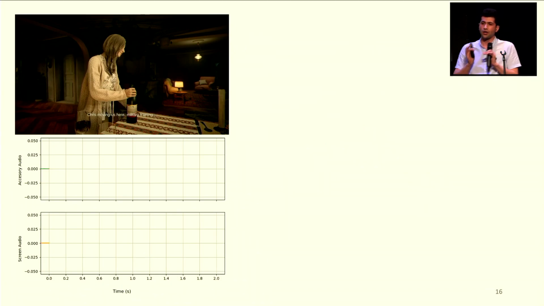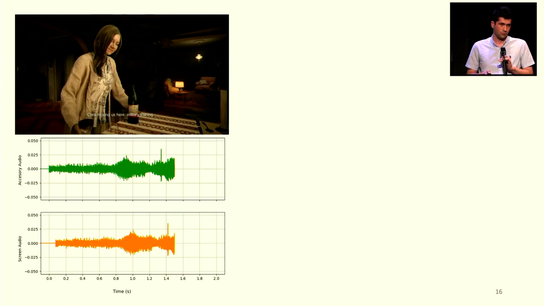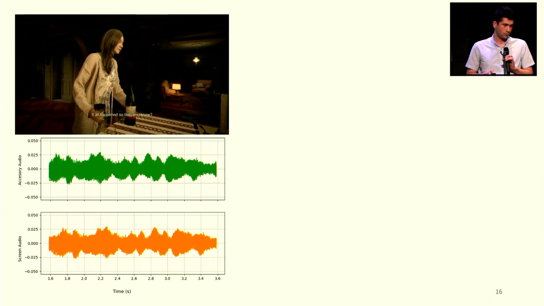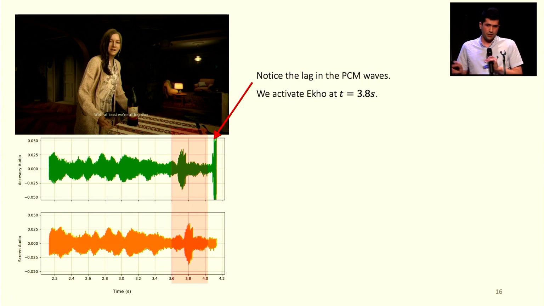Let's see how Ekho works end-to-end. At the top left, you can see the screen video, and you can see visualizations of the audio signals. You'll soon be hearing them as well. You can see the visualization that these two audio signals are a little bit apart. At this point, we activate Ekho.